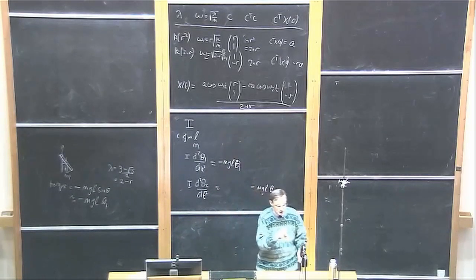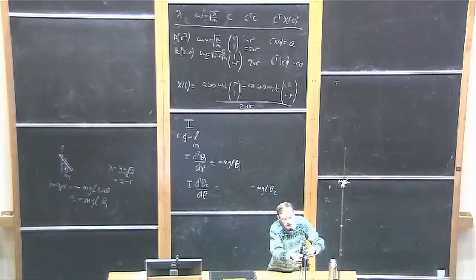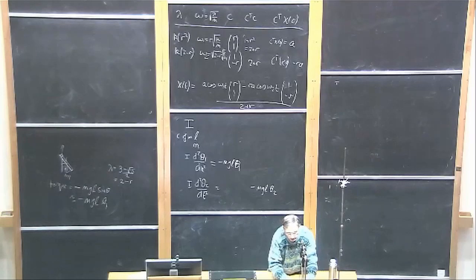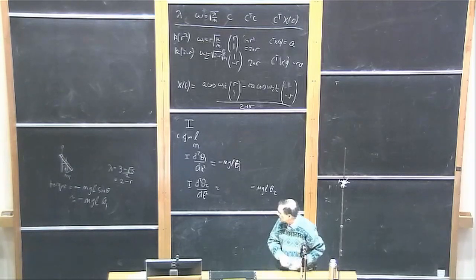And then there's the coupling spring, which gives an extra torque. So if we displace this one, the one that's closer to you, by theta 1, and displace this by a larger amount, theta 2, then that's introducing a torque which is a positive torque on theta 1 and a negative torque on theta 2.